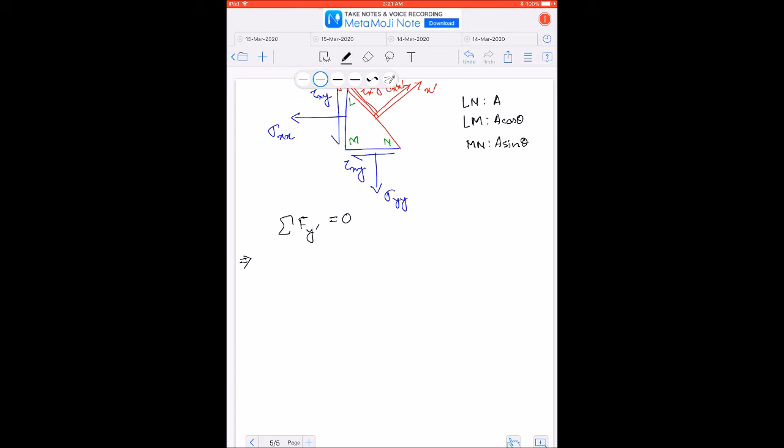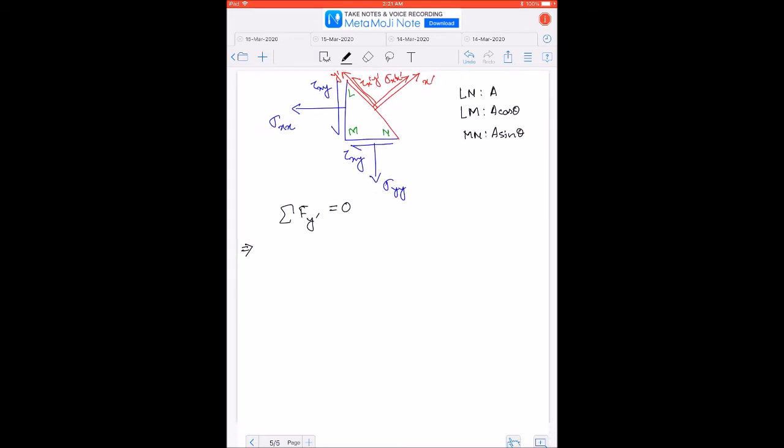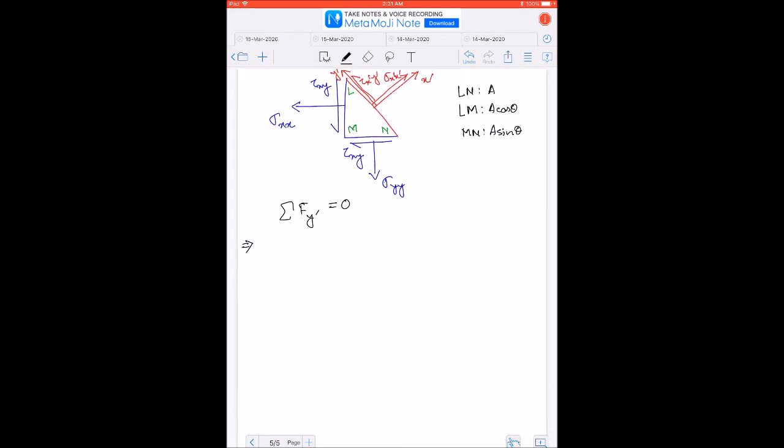So first of all, considering the face Lm and the force associated with the stress component sigma xx, which is this. So we write that as sigma xx. Lm has the area A cos theta. We write that down quickly.